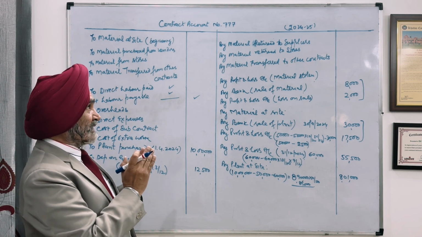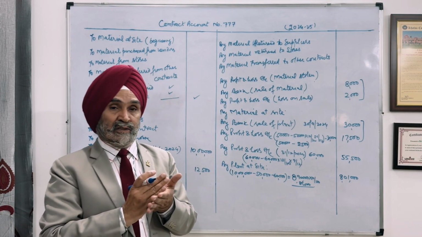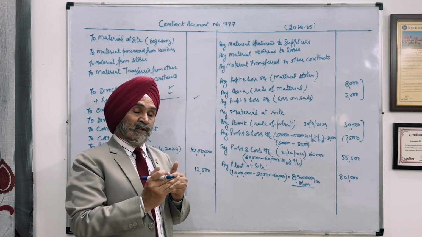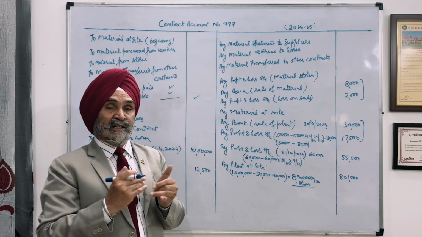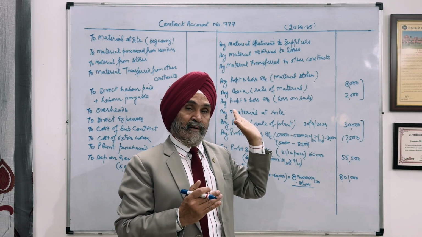Now we discuss the contract account in two parts. One, when the contract is complete. Second, when the contract is incomplete on 31st March 2025.